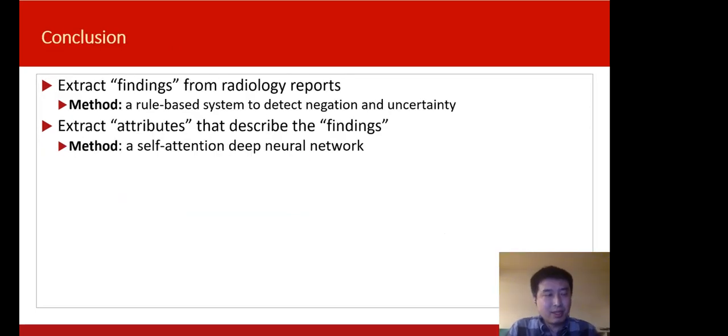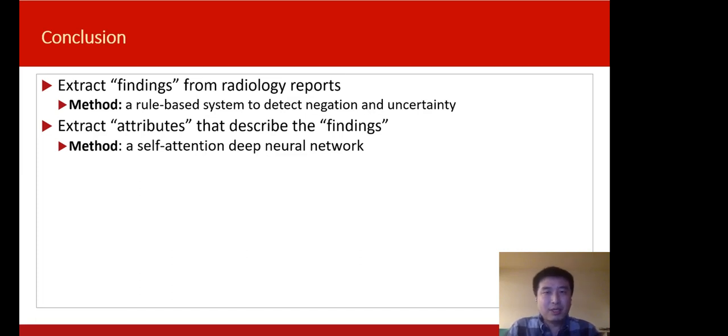To summarize this section, I demonstrated two use cases of clinical natural language processing techniques and deep learning in assisting medical image analysis. In the first project, we use a rule-based system to extract diseases or findings from the radiology reports. And in the second project, I demonstrate how we can use a deep neural network to extract attributes that describe the findings in the radiology reports.